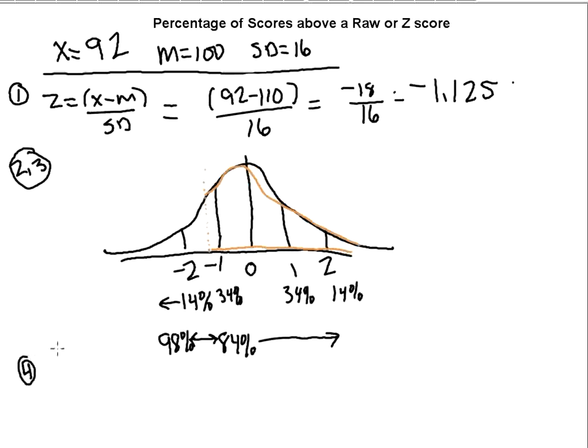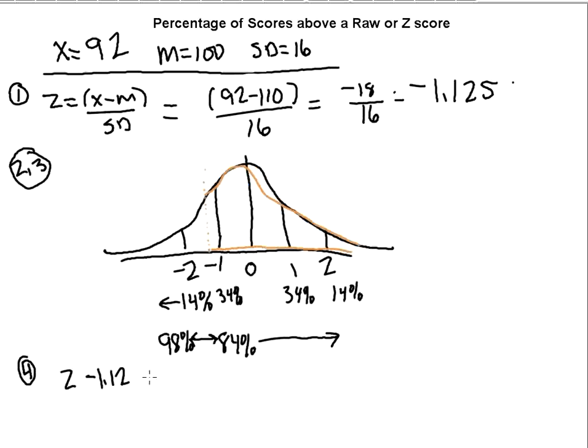If we look at the normal curve table for a z-score of negative 1.12, remember the z-table doesn't go negative, so you just use the same value but as positive.